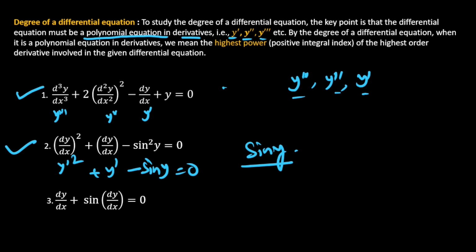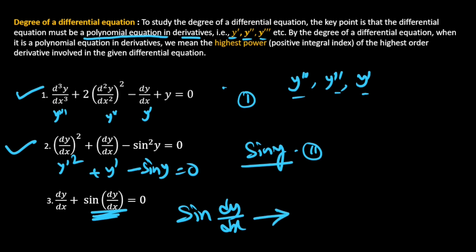That is enough to find the degree of the differential equation. So the degree of equation 1 and equation 2 can be defined, but equation 3 is not a polynomial equation in y dash, because in this part, sine of dy/dx is not a polynomial in the derivative.